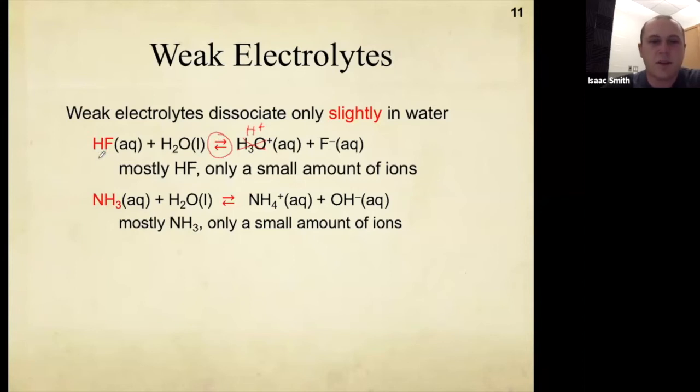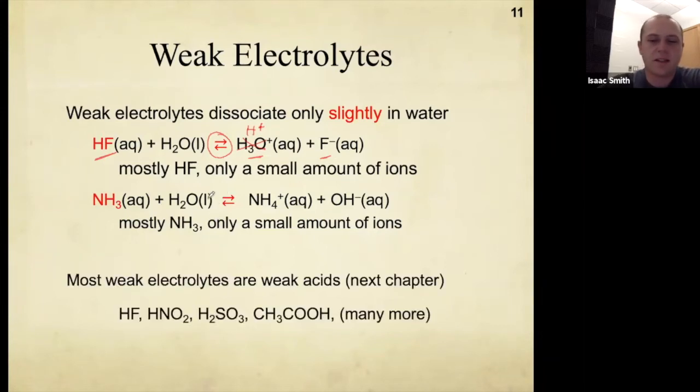So there's going to be HF present, and there's going to be hydrogen and fluoride ions present, right? So it's not going to totally dissociate. Same thing with ammonia. It doesn't totally form ammonium ions and hydroxide ions, only partially. So that's the main idea that I want you to know right now. And we're going to be talking more specifically about what is a strong electrolyte and a weak electrolyte in the coming lectures.